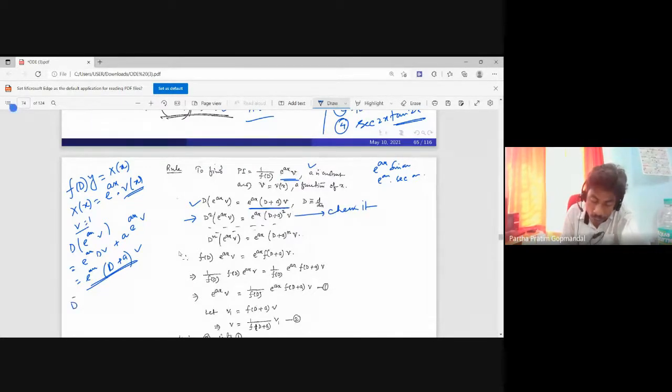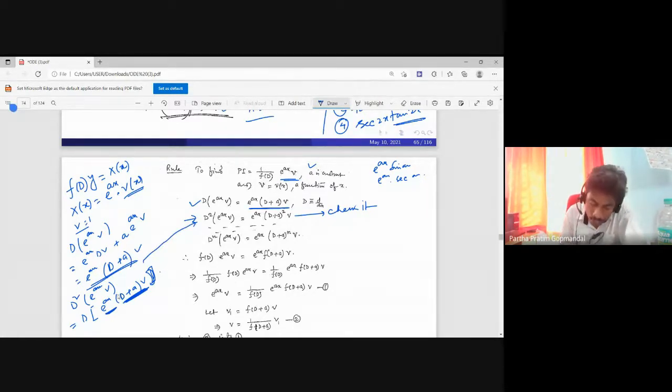Now find D square that you have to operate on e to the power ax v. D of it, the first order derivative, we know. So you can write it as D of e to the power ax (D plus a) on v. Now again use it as if these are two functions. This is u, this is v. Then you can write it in this way.